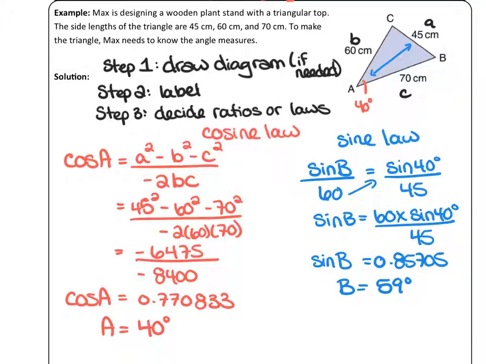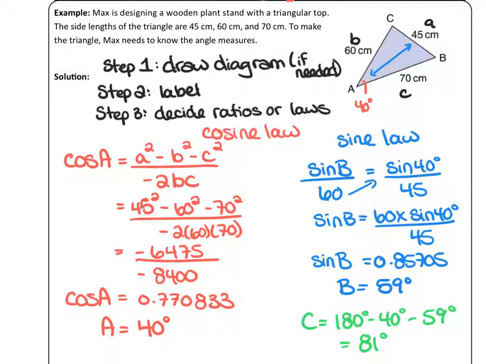Now, if you've already got two angles, the third angle is super easy, because if we remember our angle properties, it's just 180 minus our 40 minus 59. And we get that C is 81 degrees. Super simple.